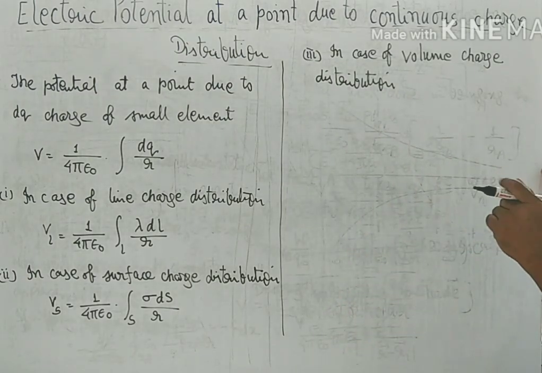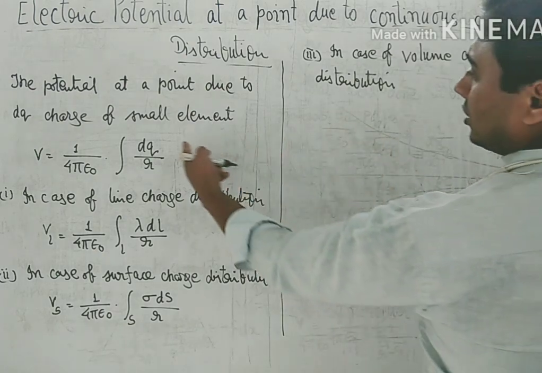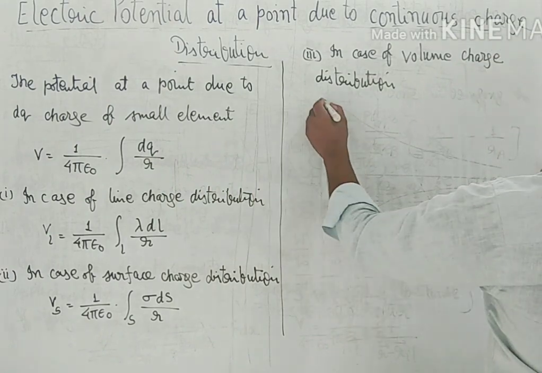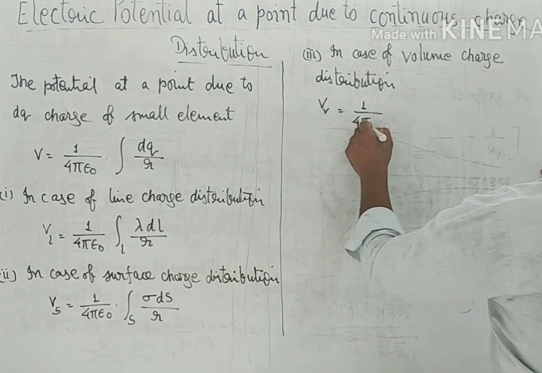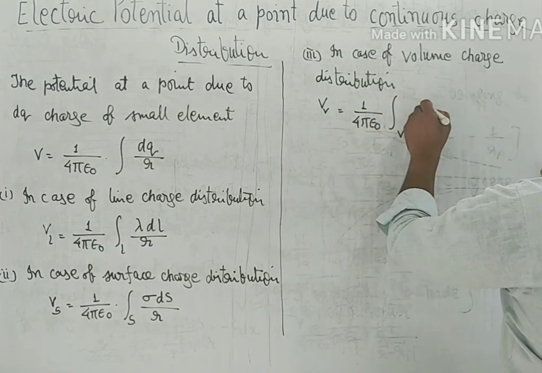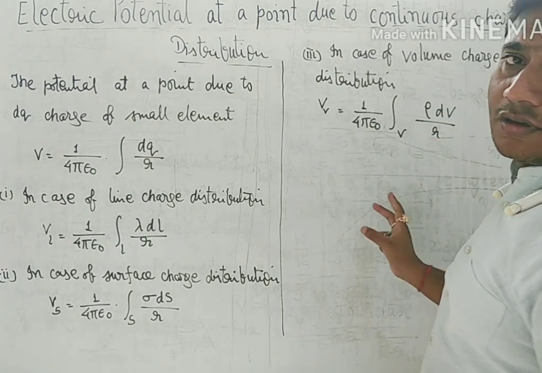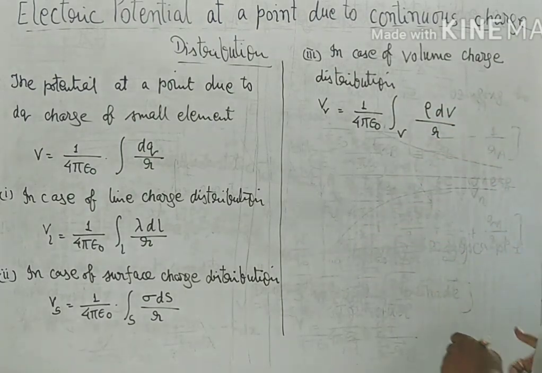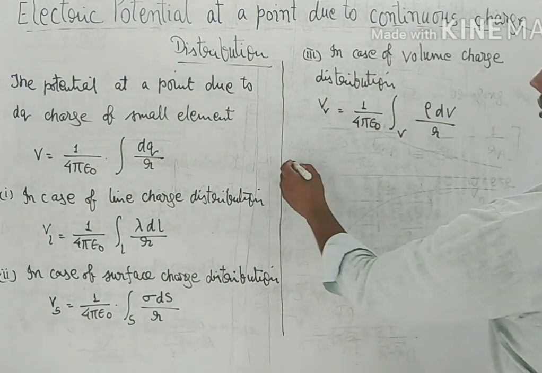So rho dV will be the amount of charge present on that small element. So we write VV equals 1 upon 4 pi epsilon naught integral over the whole volume V of rho dV upon R. So this is the potential due to volume charge distribution at a certain point.